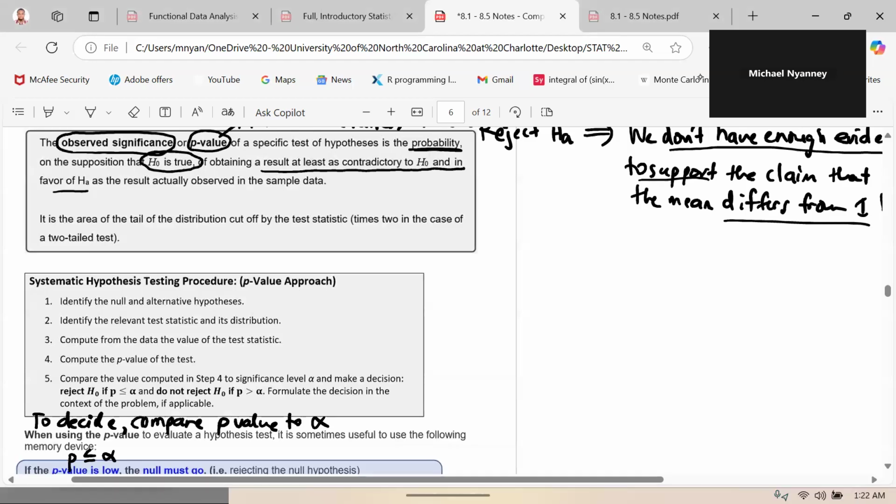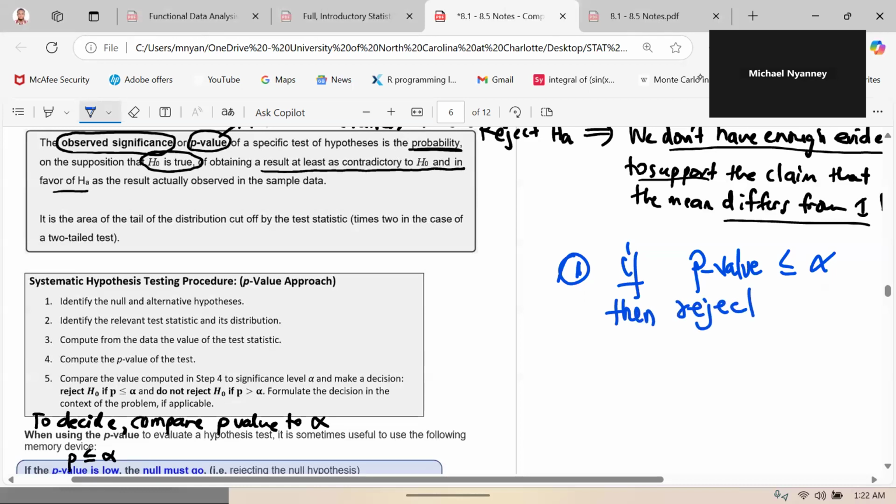So this is how the rejection region is. If you're using the p-value to make your decision, then if your p-value is less than or equal to your alpha, then reject H0.